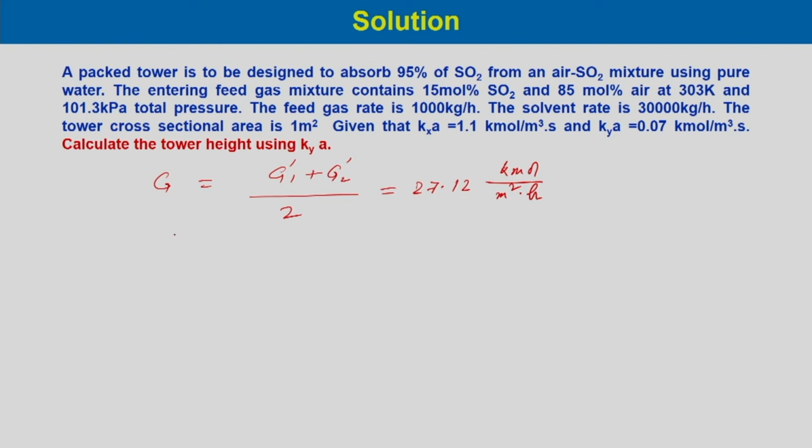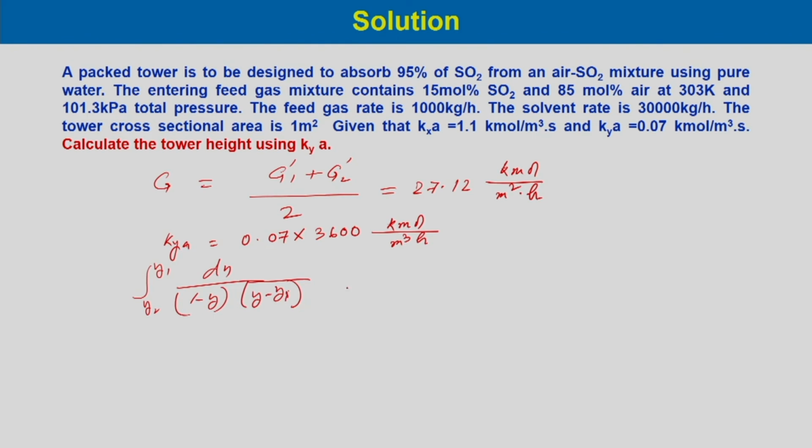So, Ky a is 0.07 into 3600 kilomole per meter cube hour. The area under the curve, that is the integral y2 to y1 of dy by (1 minus y) into (y minus yi), is equal to 16.5.